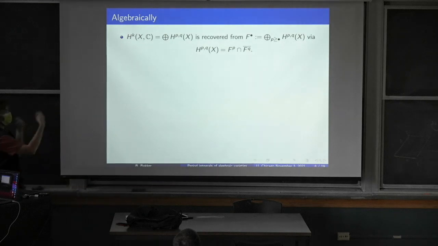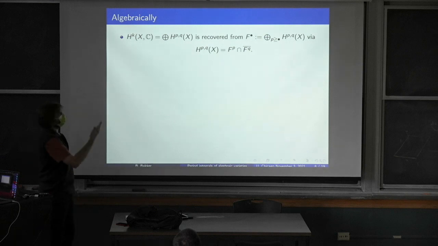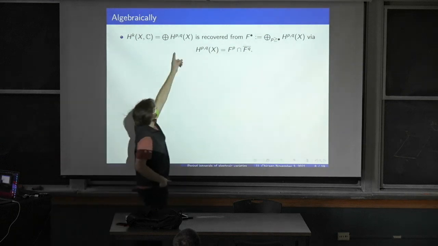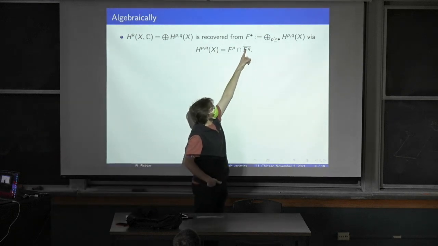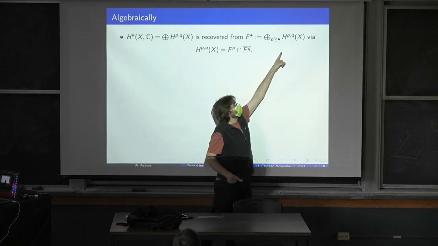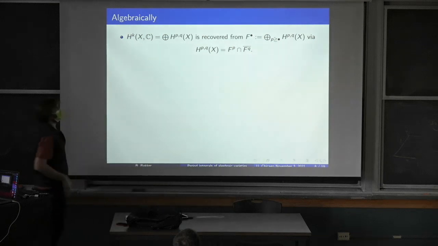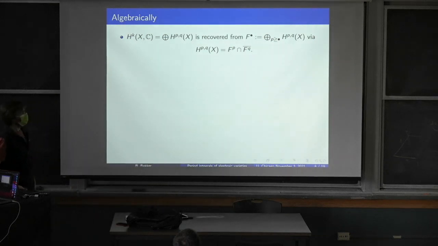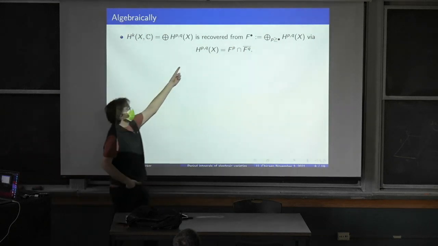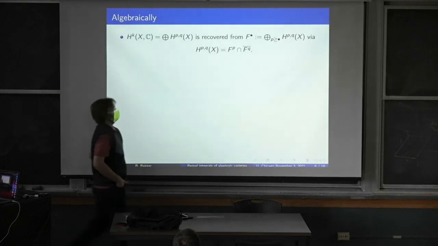And the fact that they have this conjugate symmetry is a little strange from that perspective. However, here's a clever observation. If we, instead of the splitting, record this filtration, we add together all the H^PQ pieces with p bigger than or equal to a fixed thing. So that gives me a filtration of the cohomology space. I can actually recover the H^PQs by taking an appropriate intersection of F^P with F^P bar.